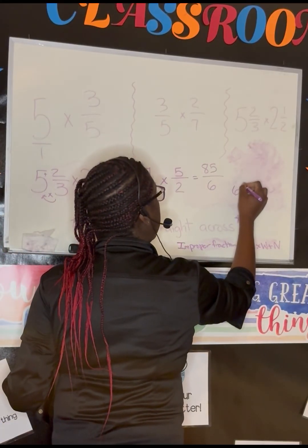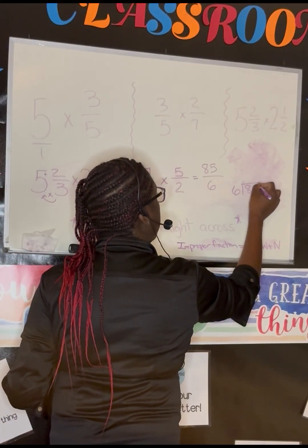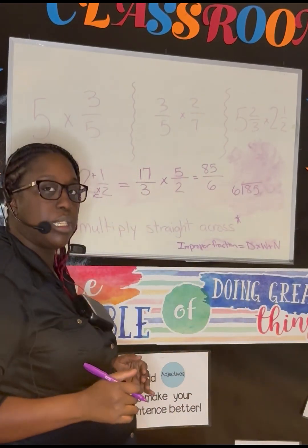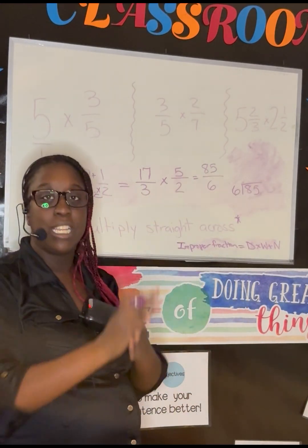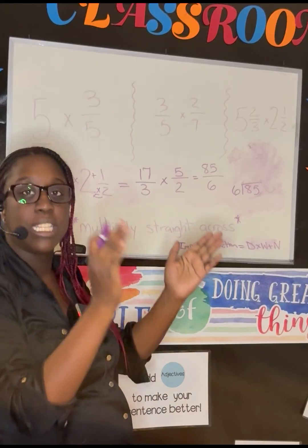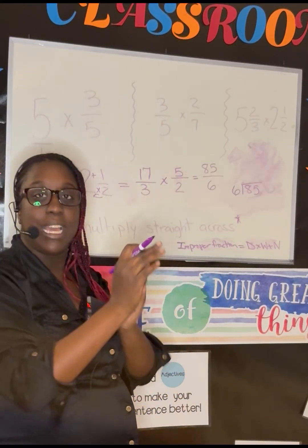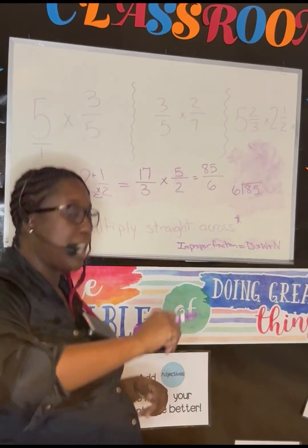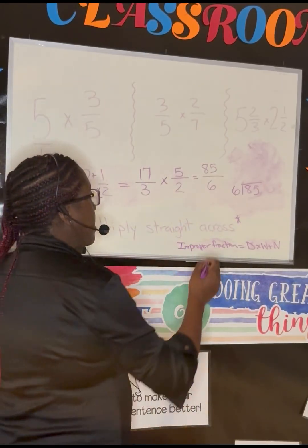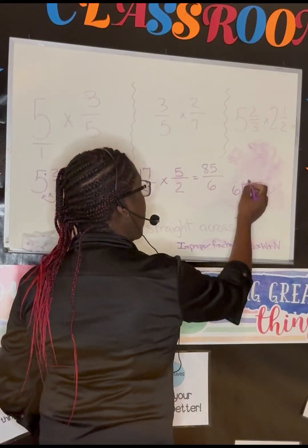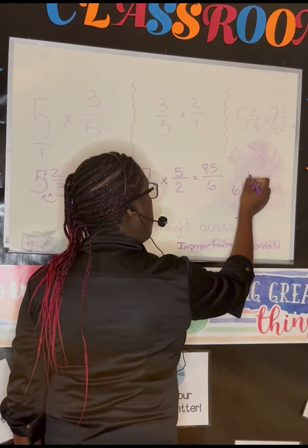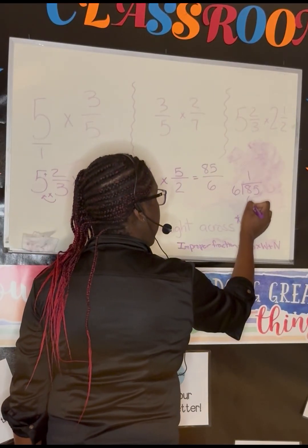So here we go. Remember our steps: divide, multiply, subtract, bring down. Again, divide, multiply, subtract, bring down. All right, so we're going to divide first. 6 goes into 8 only 1 time. 1 times 6 is 6.